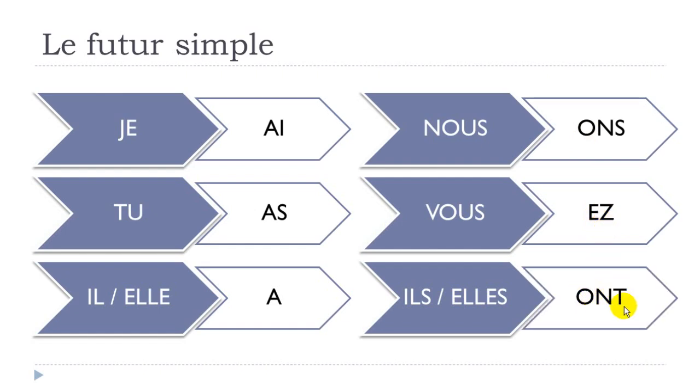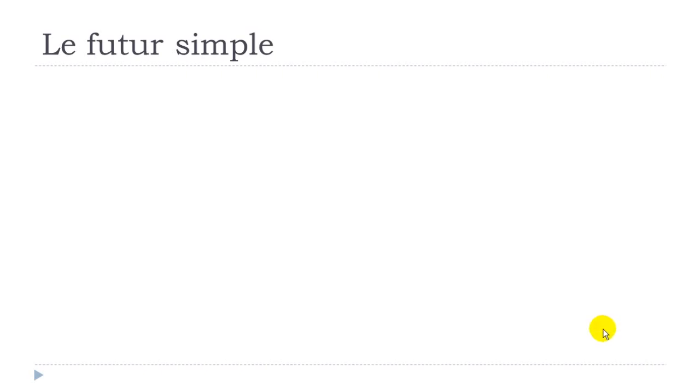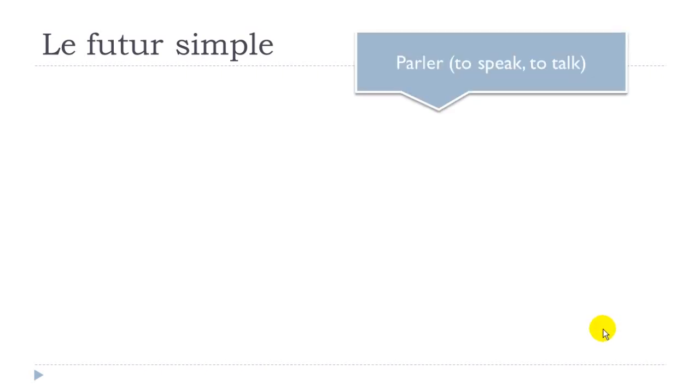You don't pronounce the final t, so you get the nasal on. Alright? So, e, a, on, et, on.